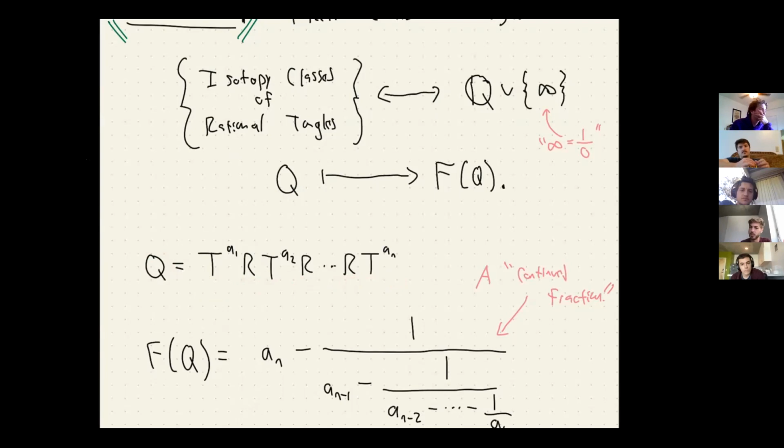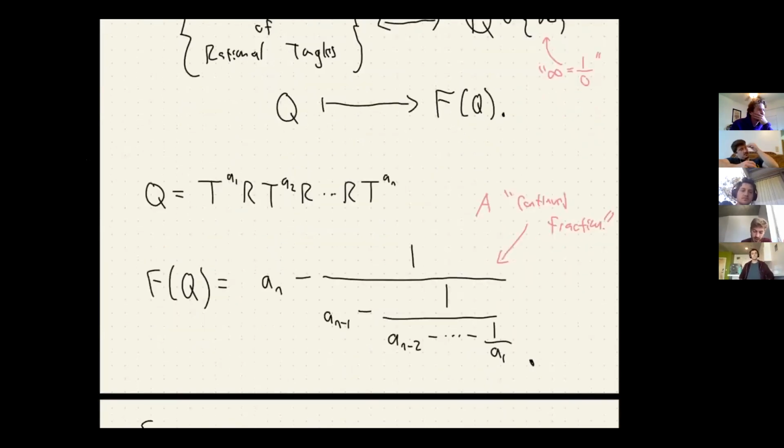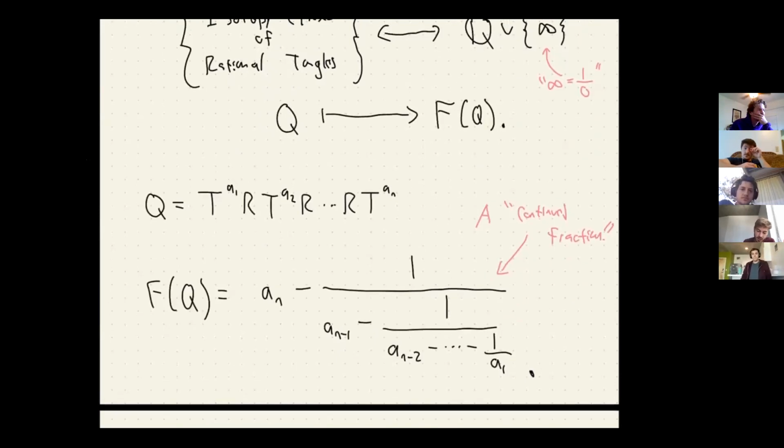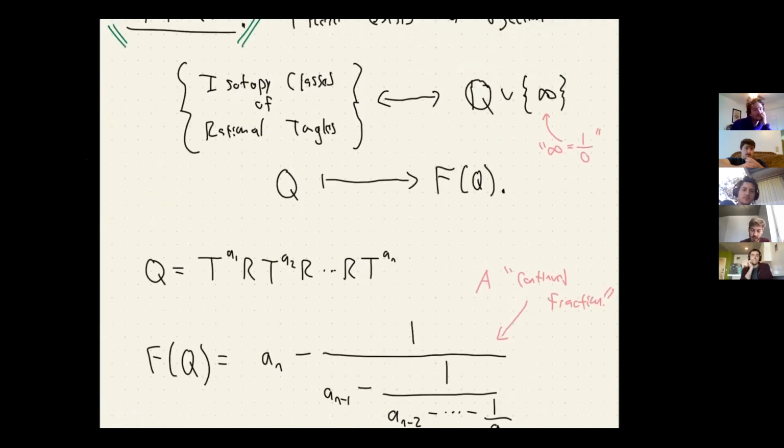We'll see that a little bit more later. But if I've got a rational tangle which can be obtained by this finite sequence of twists and rotations, the fraction I associate to it is this continued fraction right here.